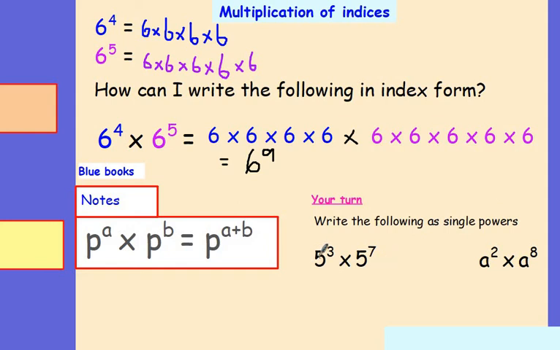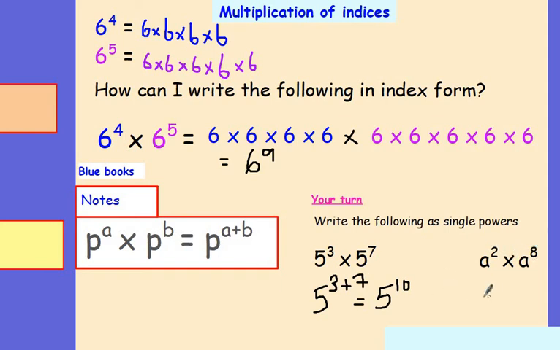Right, let's go through the answers. 5 to the power 3 times 5 to the power 7. I just need to add together my indices. My 5 stays the same. I get 5 to the power 3 plus 7, which gives me 5 to the power 10. For the second one, I've got a to the power 2 times a to the power 8.